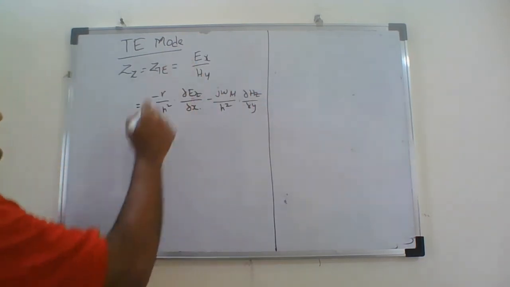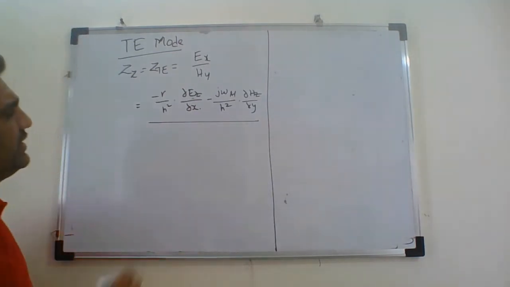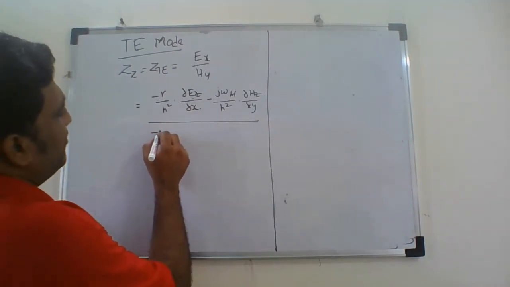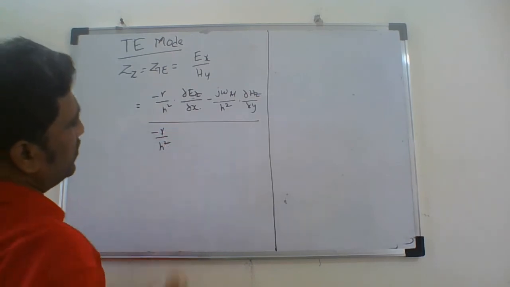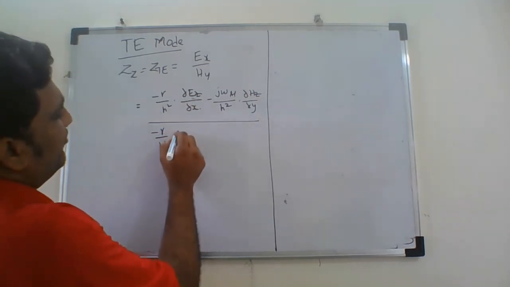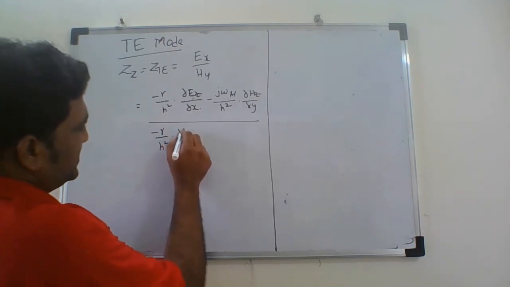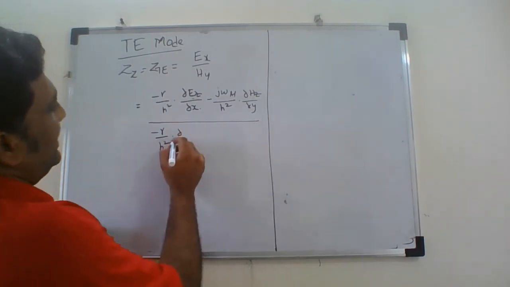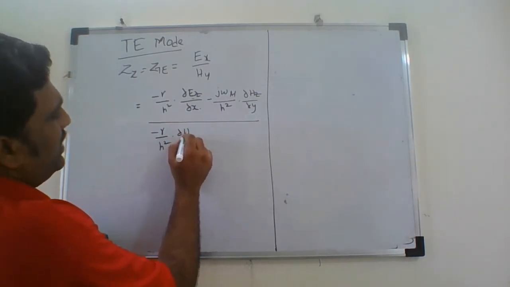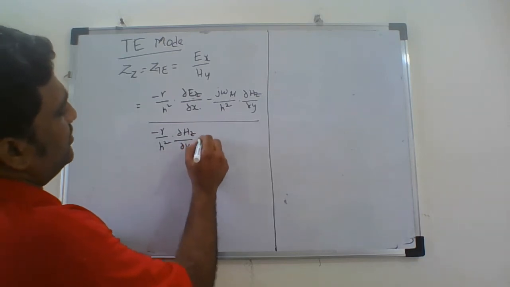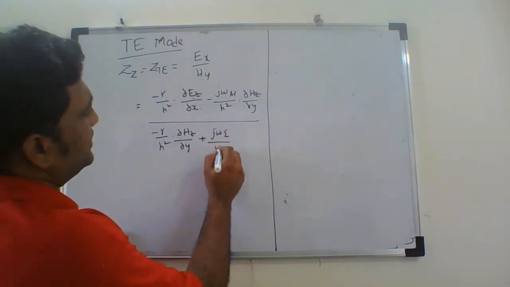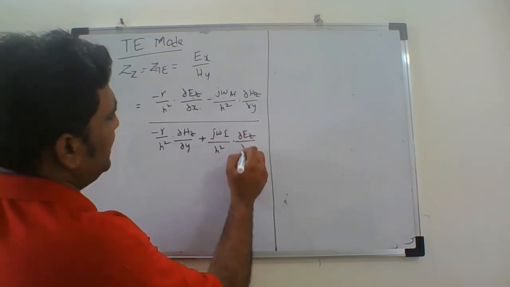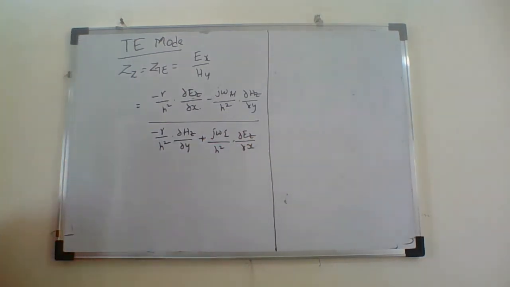This is the expression for Ex, and the expression for Hy is given by minus gamma by h square into dou Hz by dou y, plus j omega epsilon by h square into dou Ez by dou x. So these are the terms that we get for Ex and Hy.